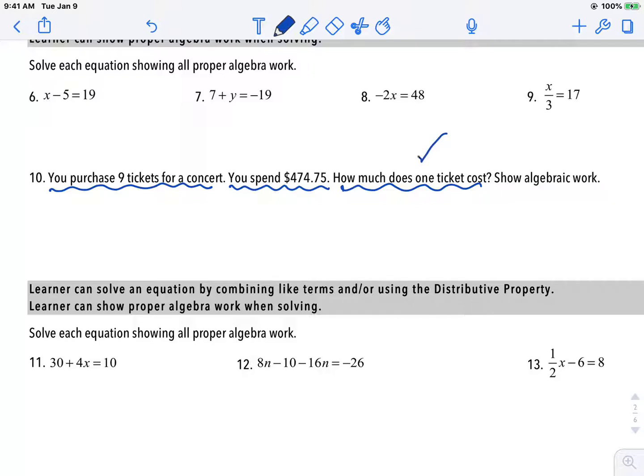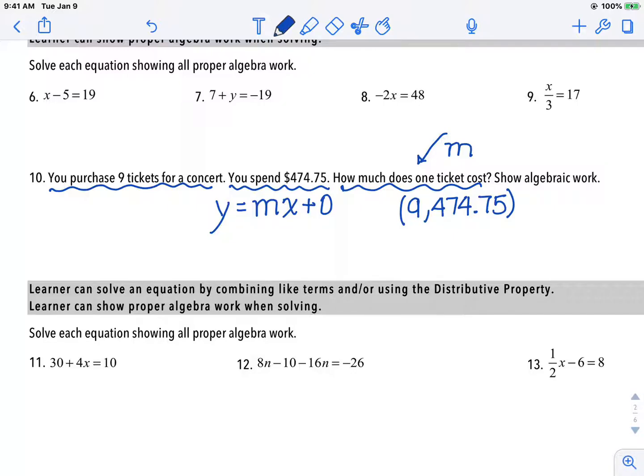It's like they want the rate, that's what we're missing. So it doesn't sound like there's a one-time ticket fee on this or anything. So it sounds like the kind of equation we're looking for fits this pattern of there is no extra number added on at the end. And they gave me one ordered pair, that 9 tickets are $474.75.